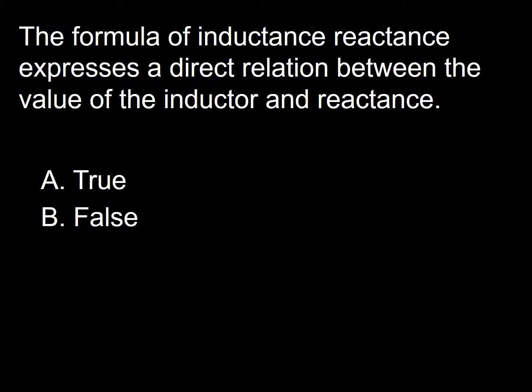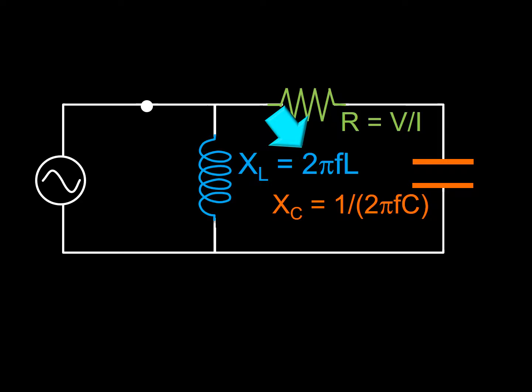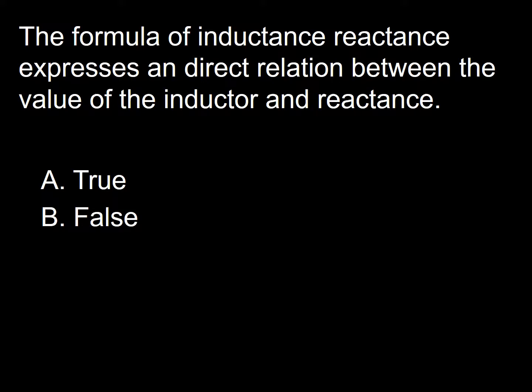The formula for inductance reactance expresses a direct relation between the value of the inductor and reactance. A true, B false. The formula for inductive reactance indicates that the higher the magnitude of the inductor, the more it will resist current. So the answer to this question is A.